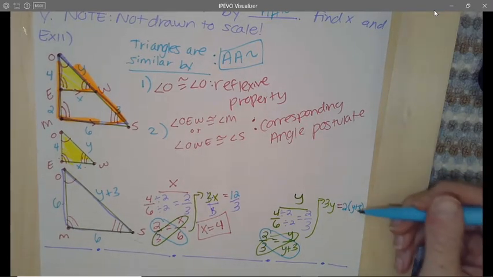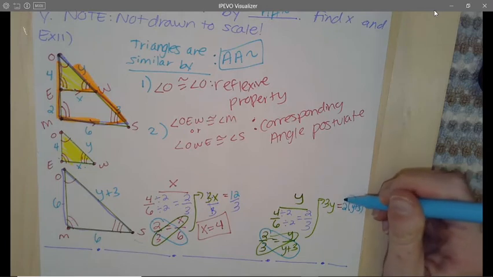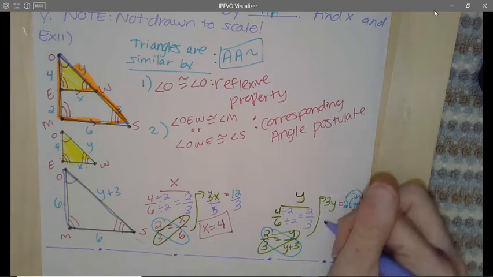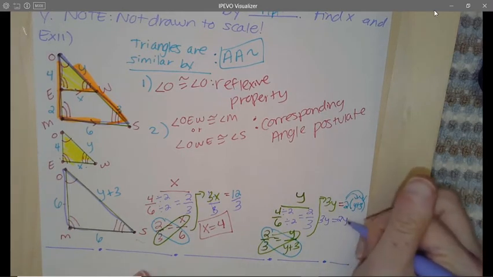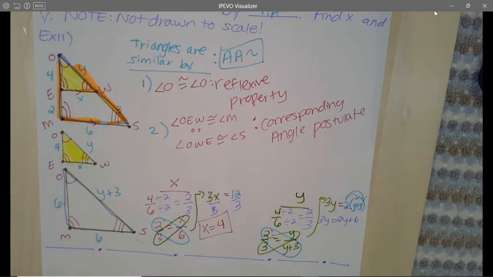From here, the way that you deal with the number outside of a parenthesis is by distributing it. So this is going to be 3y equals 2y plus 6, since 2 times y is 2y and 2 times 3 is 6. And then from here, you just solve for y.